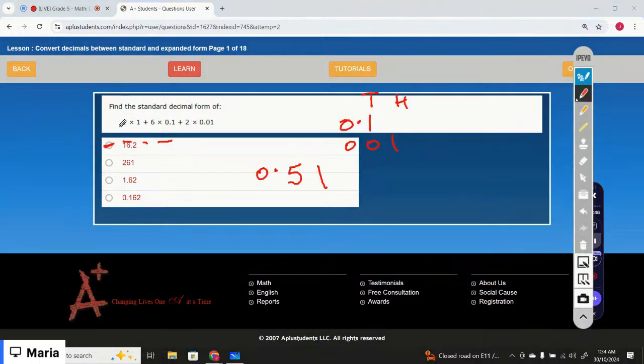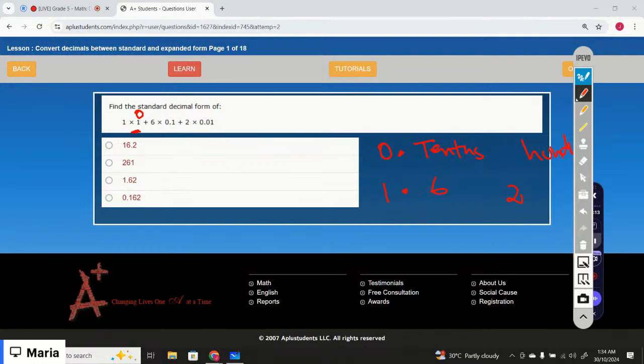Let's just see. 1 times 1 means this second one tells you the place value. So this is at the ones position. Let's make the digits here: this is ones, this is 10th, and this is 100th. So 1 is at the ones position, 6 times 0.1, 6 is at the 10th position, and 2 is at the 100th position.